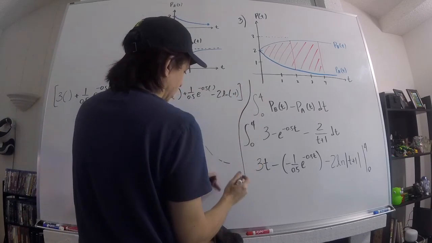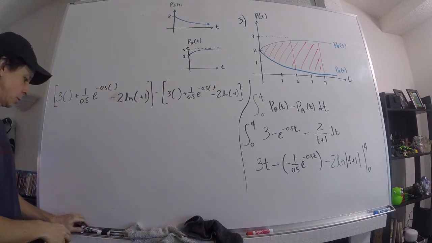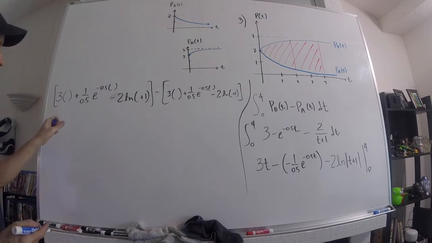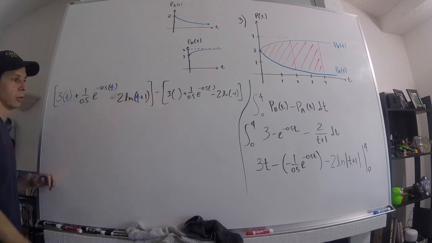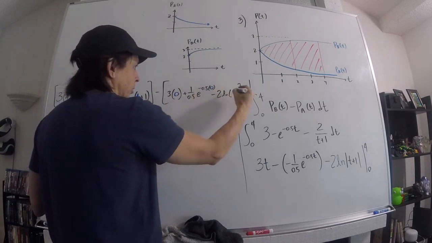These tend to be long, and I'm limited on board space, so sorry about that. All right, these are my antiderivatives with little spaces for me to plug in things. 4 everywhere t is, then 0 in the second one everywhere t is.